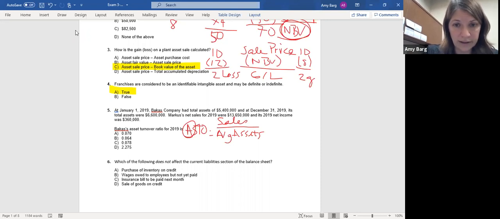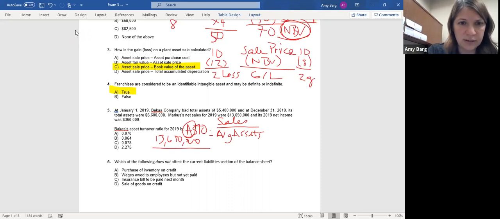So sales is $13,650, and then average assets, so it tells you what these numbers are, right? It's the 6.6 and the 5.4.